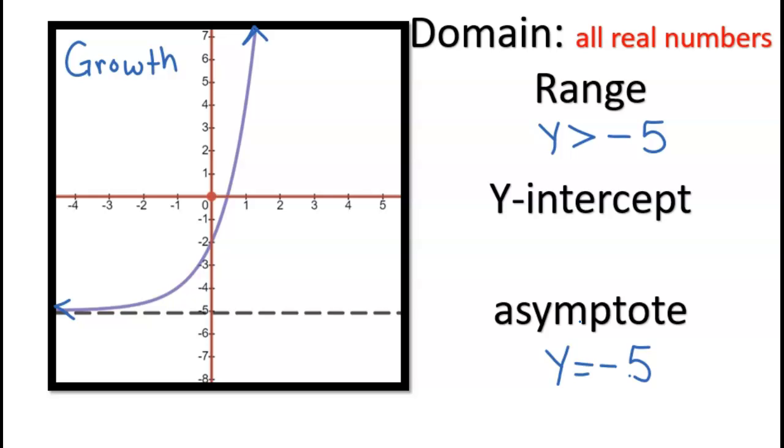Not or equal to, because by definition of an asymptote, it's going to get closer and closer and closer to that asymptote, but it's never going to touch it. Another key feature for our graph is the y-intercept. This is the y-axis, this is the y-intercept.